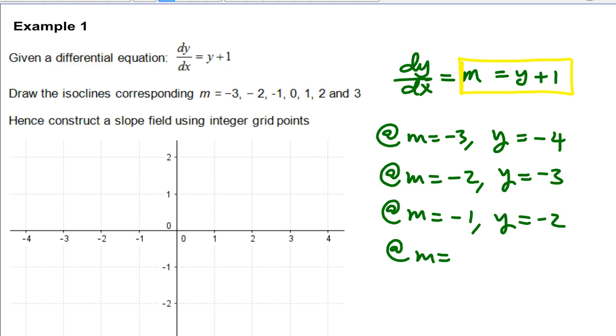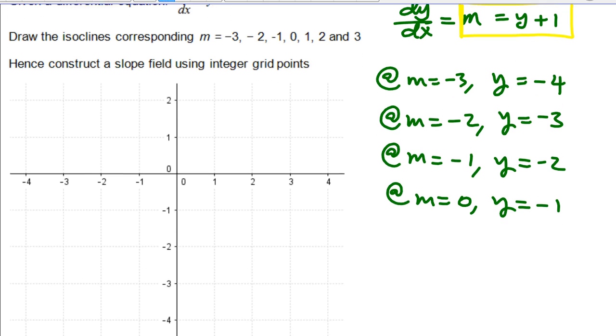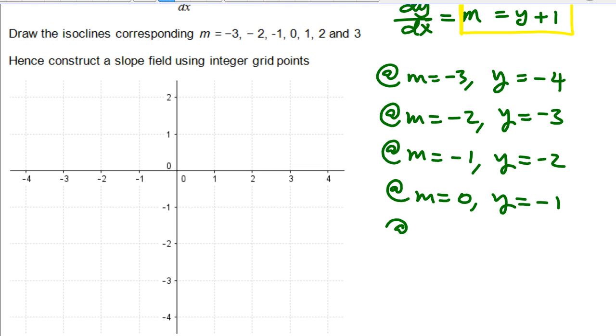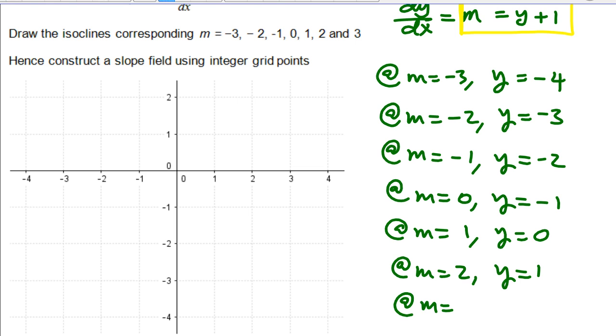At m is equal to 0, y will be equal to negative 1. At m is equal to 1, y will be equal to 0. At m is equal to 2, y is equal to 1. At m is equal to 3, y is equal to 2.